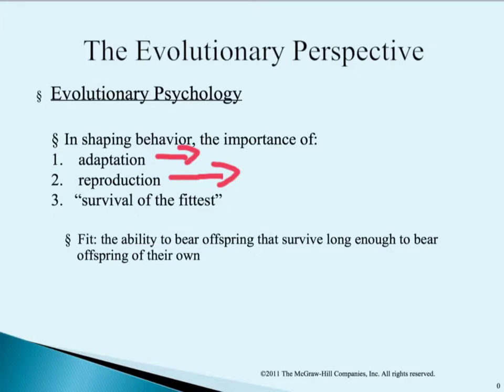The species, like the green bugs, won't die out because of this behavior, and the fact that the fittest, the ones who adapt the best, survive. And fit, in this perspective, is defined as the ability to bear offspring, more generations. And the evolutionary perspective argues that that's our prime goal.